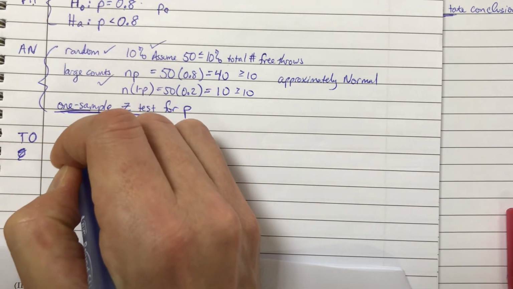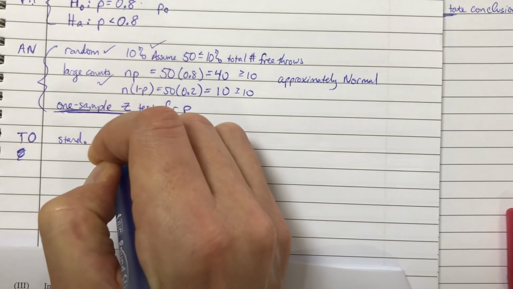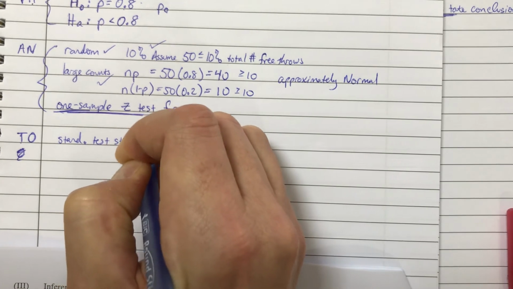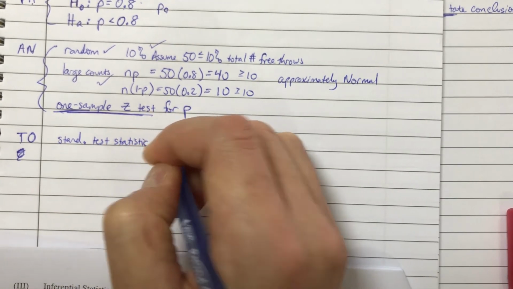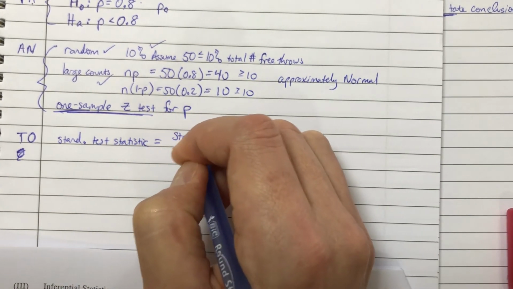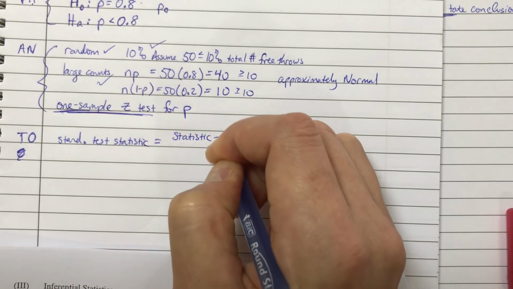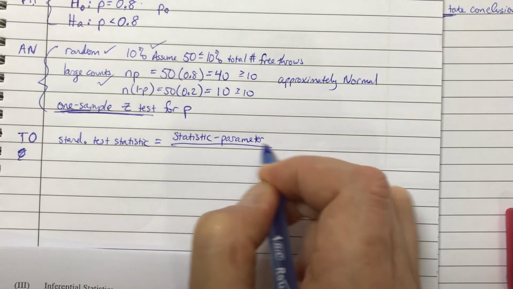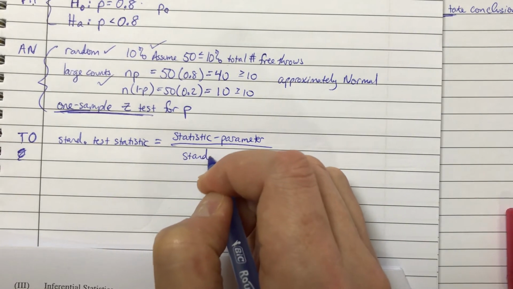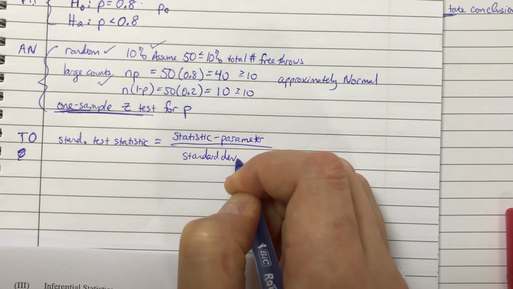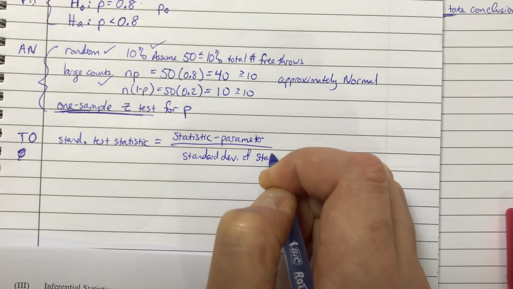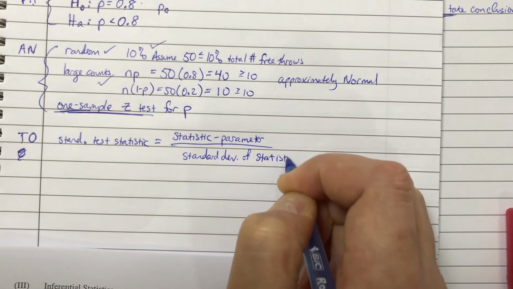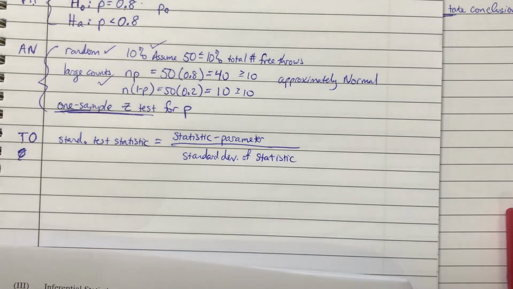The standardized test statistic is equal to the statistic minus the parameter, there's a lot of vocabulary here, divided by the standard deviation of the statistic.